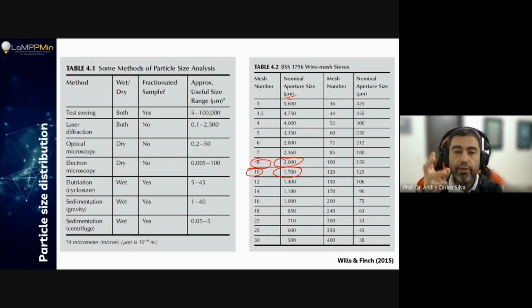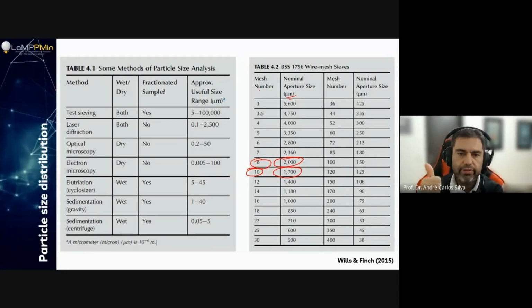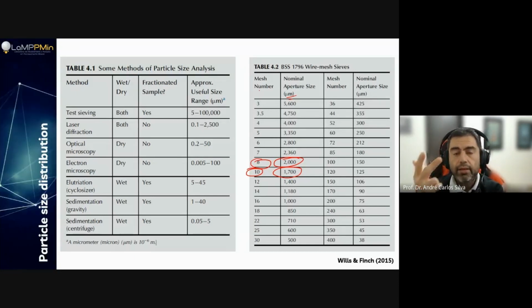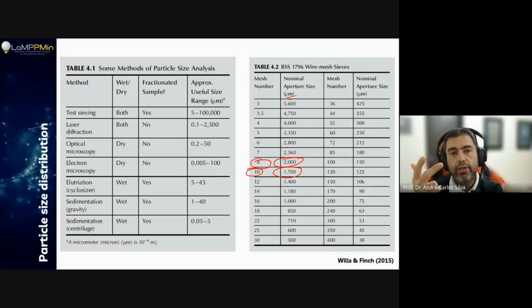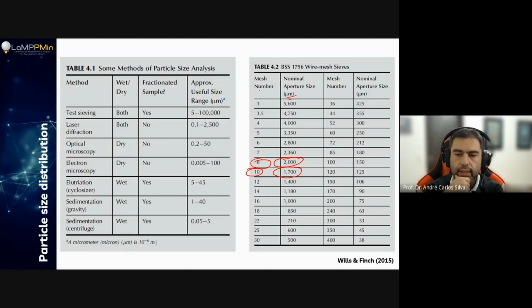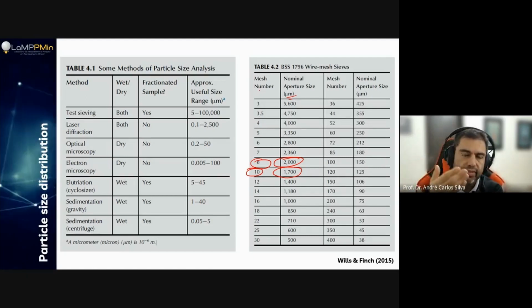So if you have this very fine particle, what you should be doing is laser diffraction, okay, electron microscopy, and you can even do particle size analysis using CCD cameras, like optical analysis, and it works quite nicely. But move away from sieving. Okay, you can have other options like elutriation using cyclosizers.